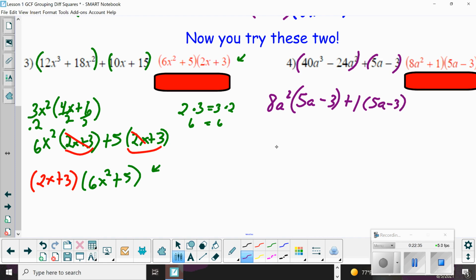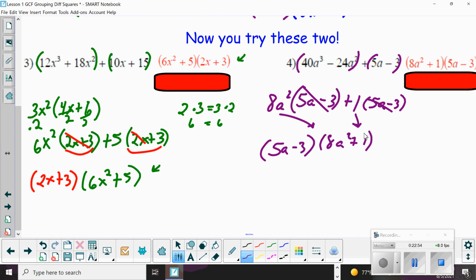Notice the 5a minus 3 is a factor, and when I cancel that out, I'm left with 8a squared plus 1.